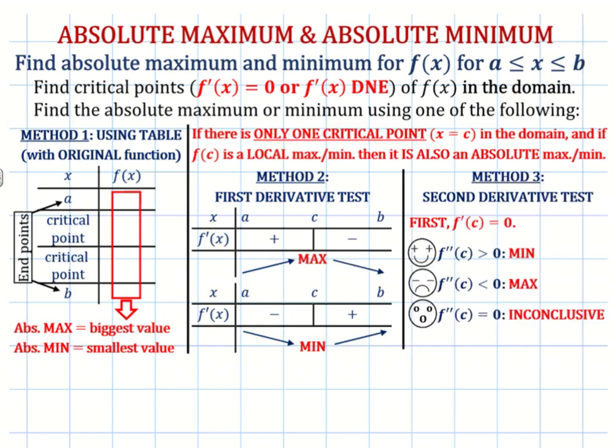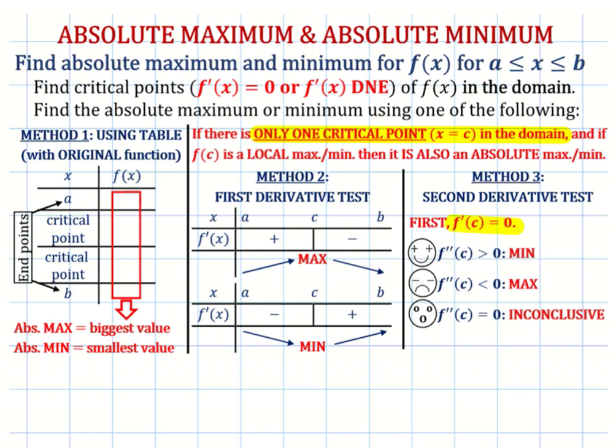Method number 3 only works if we have one critical point in the domain. It says that even though we use the second derivative, we still require the first derivative equal to 0, which means c is a critical point or critical number.